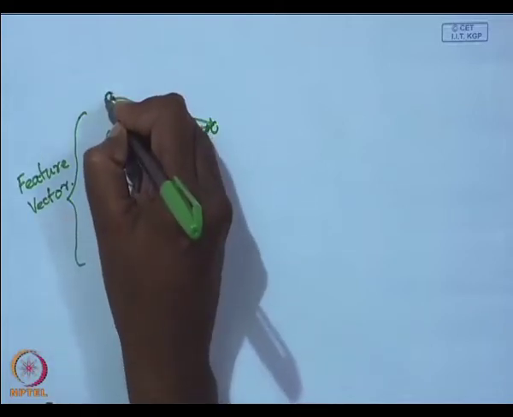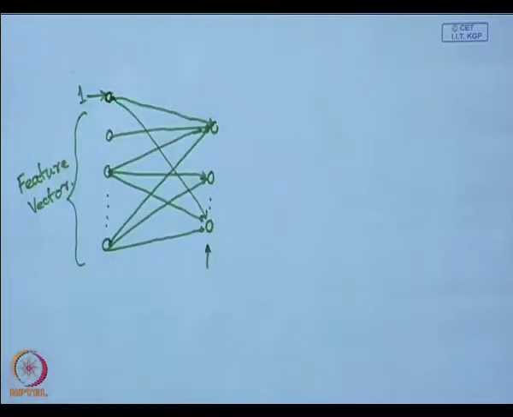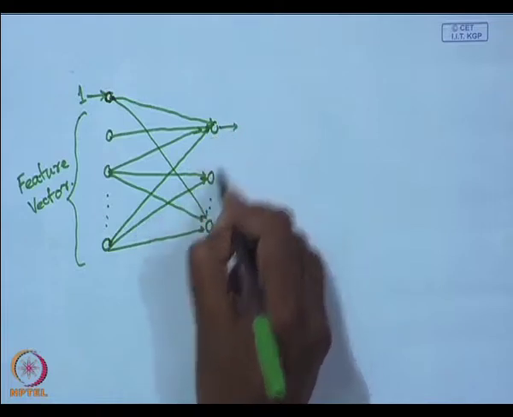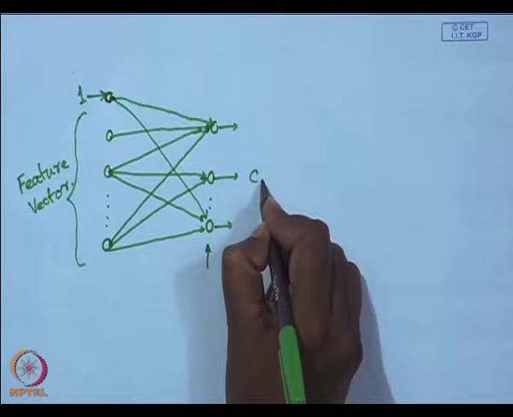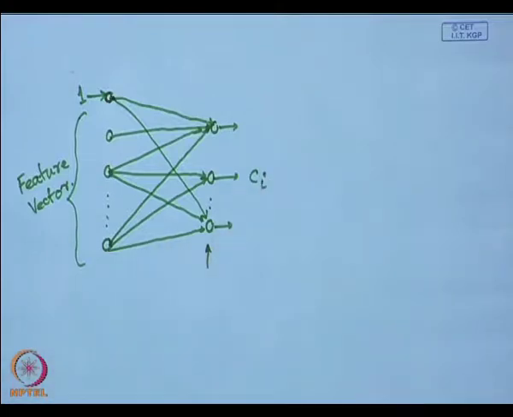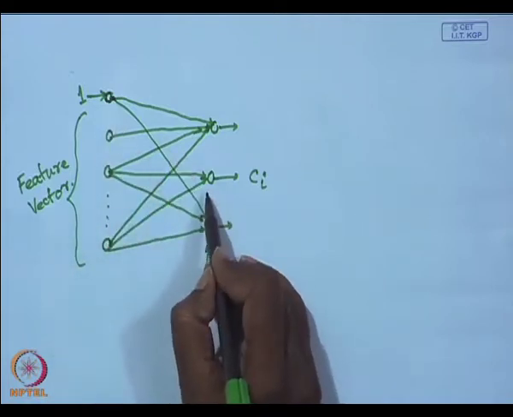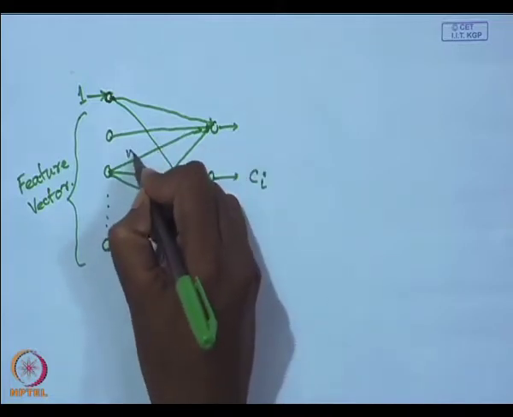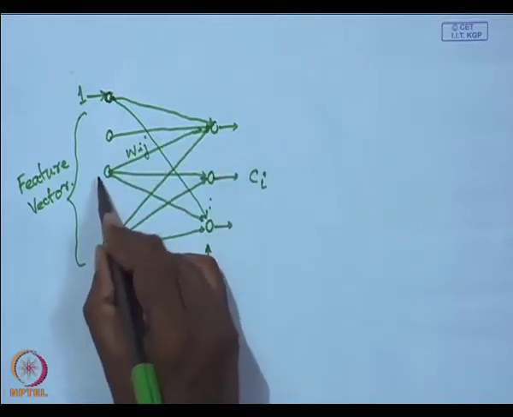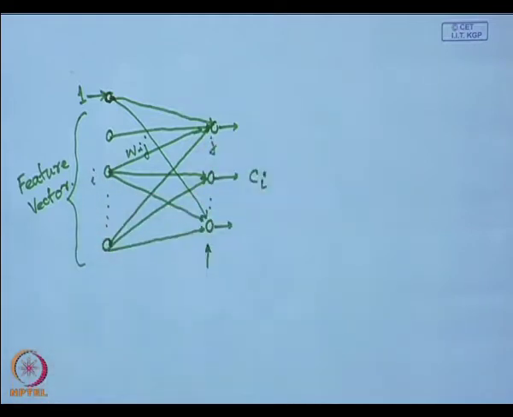And one of the nodes was kept at a constant value equal to 1, that is meant for feeding the bias term. And the outputs of the different nodes in the output layer indicated the corresponding class, say C_i. Every node in the input layer is connected to every node in the output layer through a connection weight, say w_ij. So, the i-th node in the input layer is connected to the j-th node in the output layer through a connection weight w_ij.